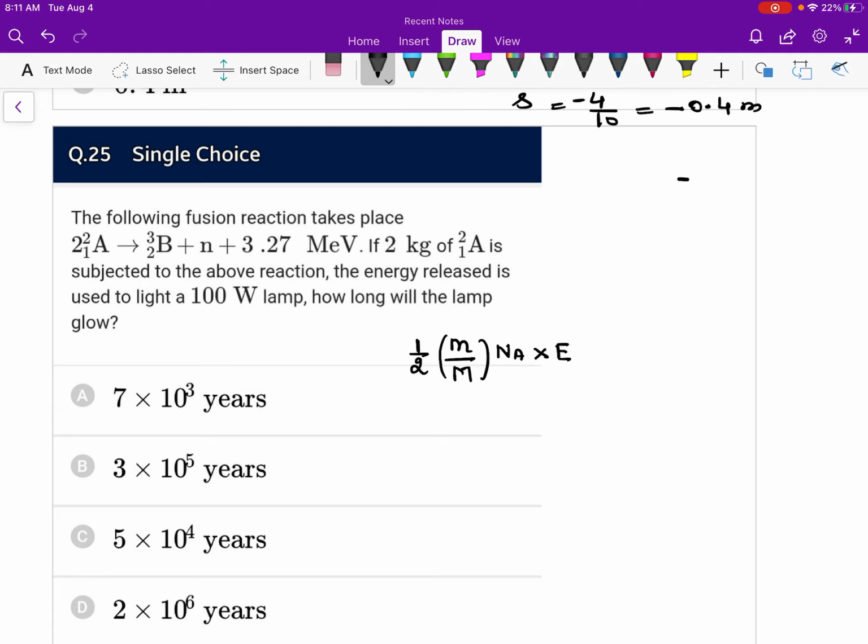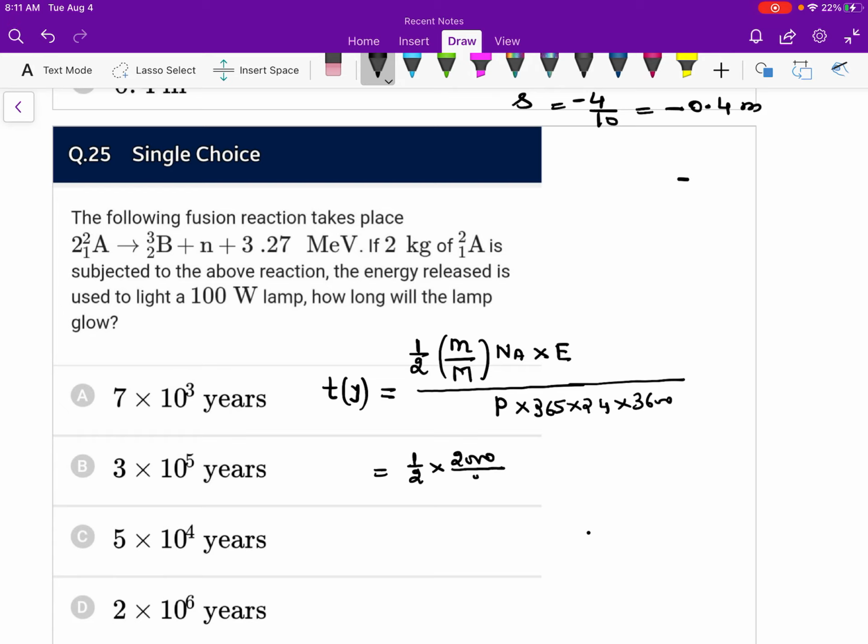So this is the total energy produced, divided by power. This is time in seconds, and if you want time in years, divide by 365 into 24 into 3600. So this will be time in years. So half, small m is 2 kg, which is 2000 gram.